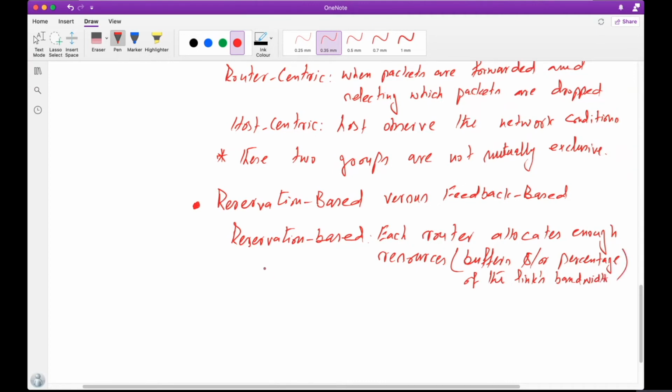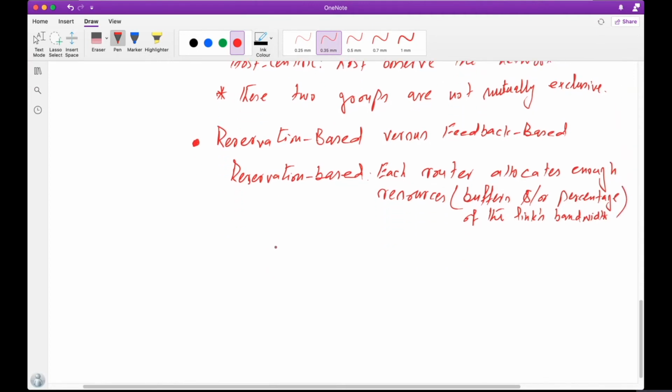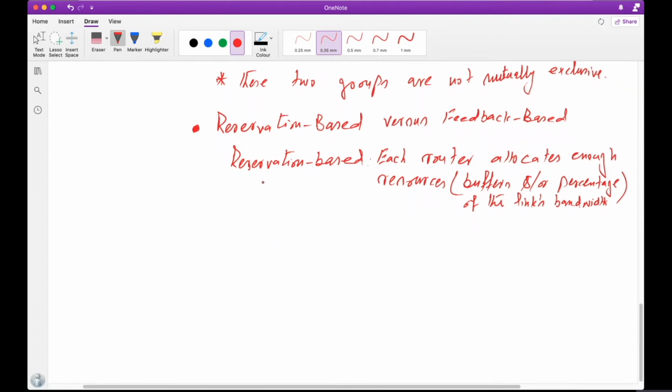Okay, so all the resource allocation mechanisms based on reservation are basically demanding from routers to allocate enough resources for a packet transmission. These resources include buffers or the percentage of the link bandwidth. And then we have the feedback-based resource allocation mechanisms.